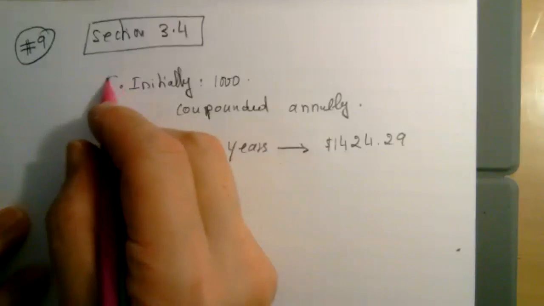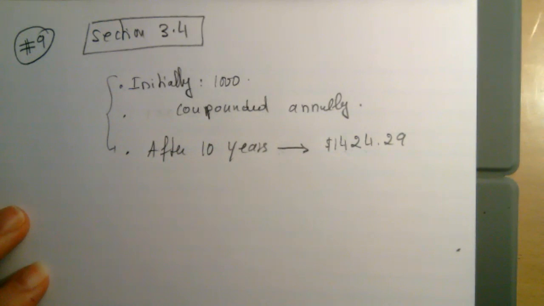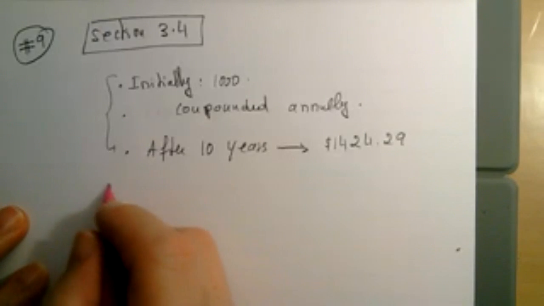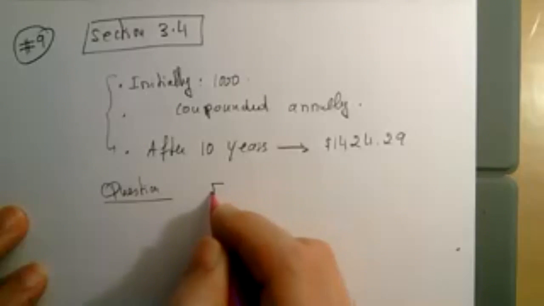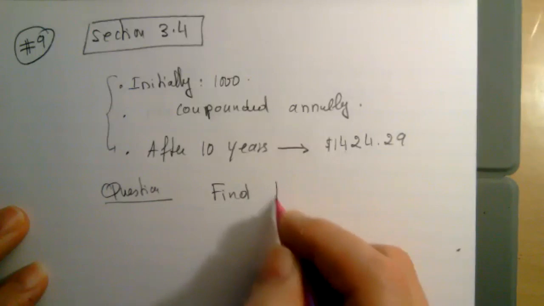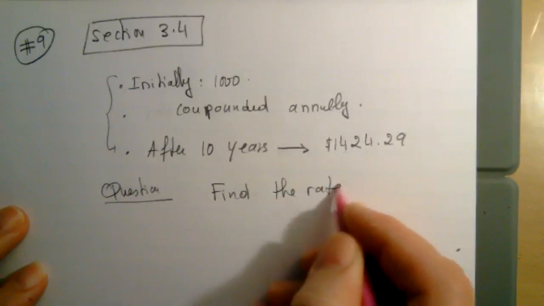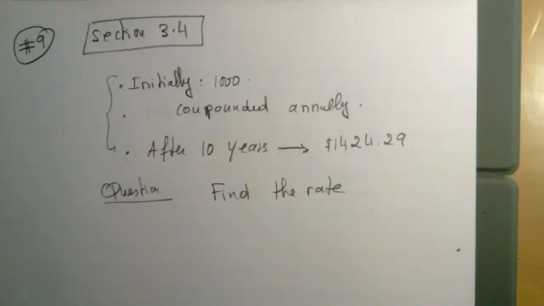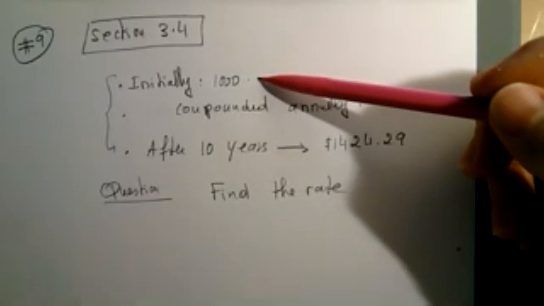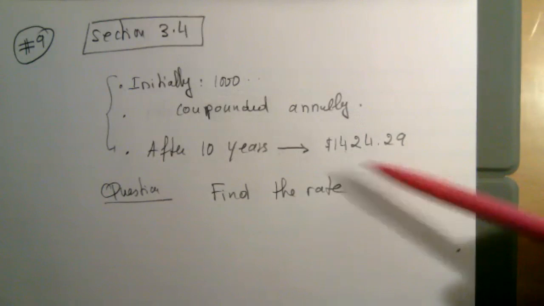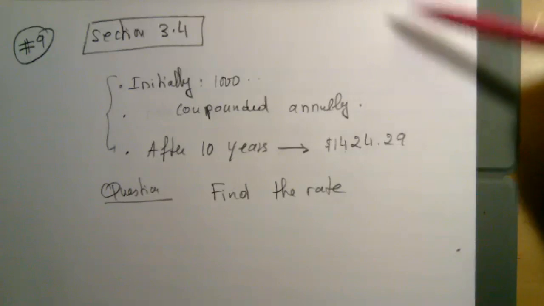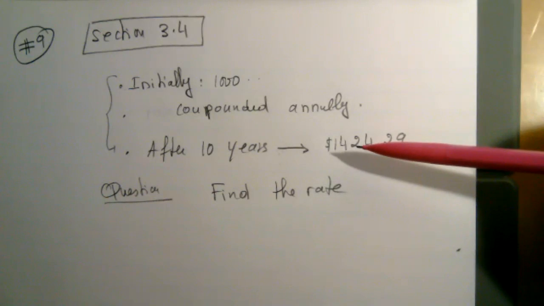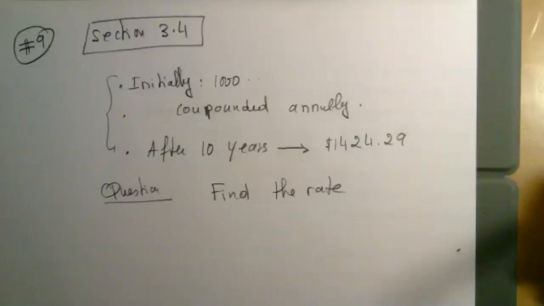And the bank gives you an interest compounded annually. So the question is, find the rate. Means what's the rate that the bank is giving you? So you start with 1,000, 10 years, you have 1,424. So of course you earn a fair amount of interest in 10 years. But the question is, what was the rate?